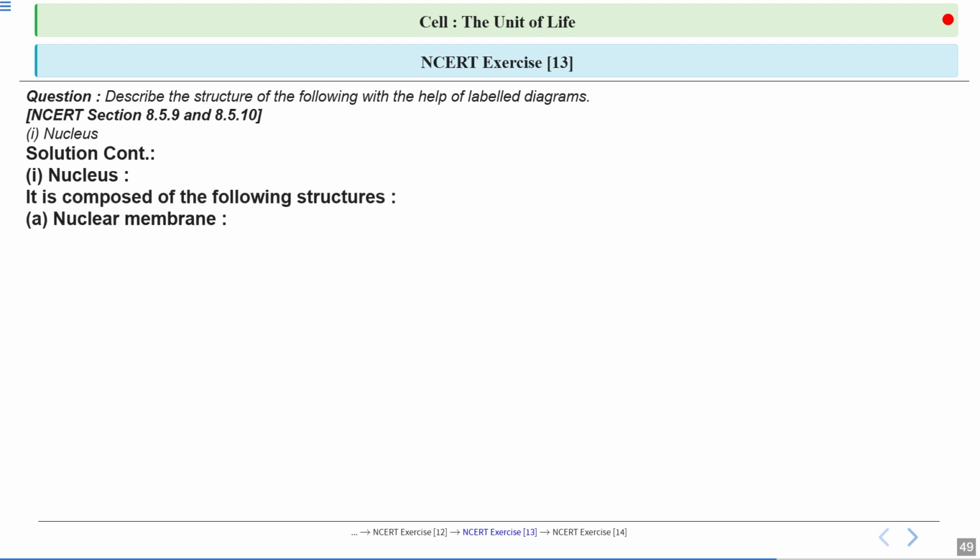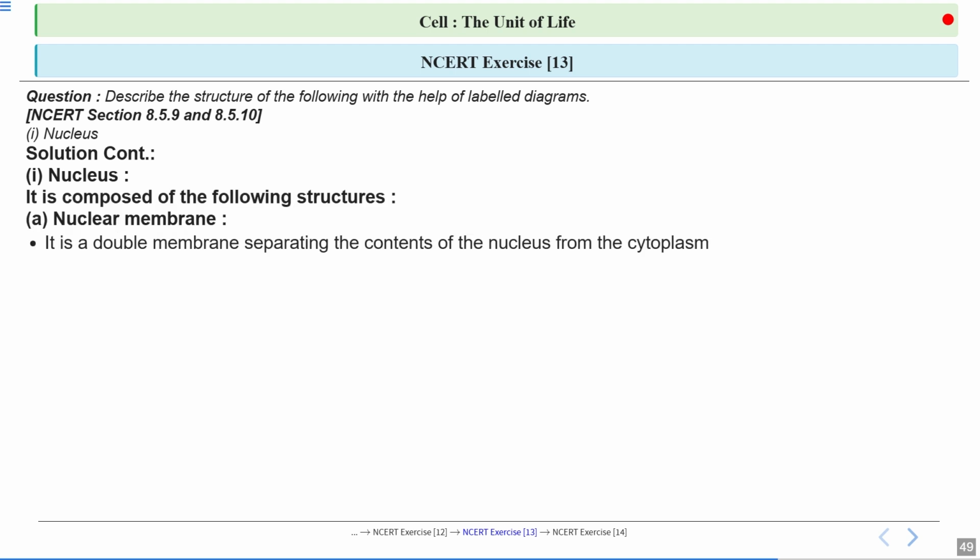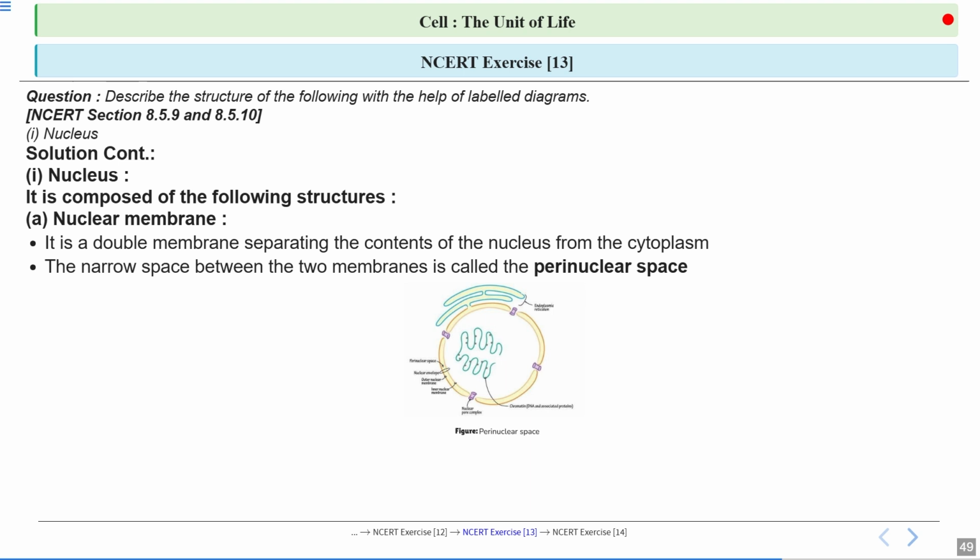Now, the nucleus is composed of the nuclear membrane, also known as the nuclear envelope. It is a double membrane separating the contents of the nucleus from the cytoplasm. The space between the outer nuclear envelope and the inner nuclear envelope is known as the perinuclear space. Here you can see in this image, this is the perinuclear space between the outer membrane and the inner membrane.